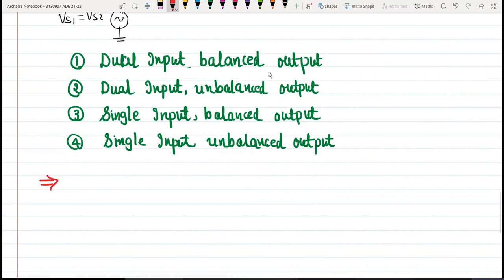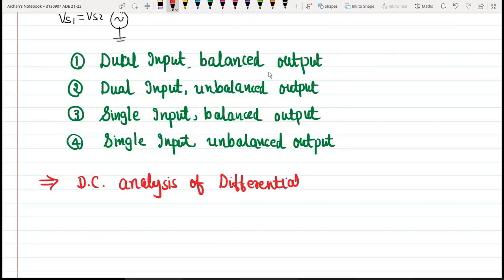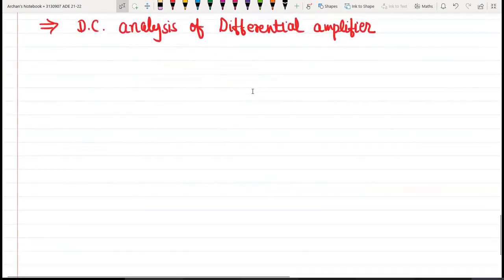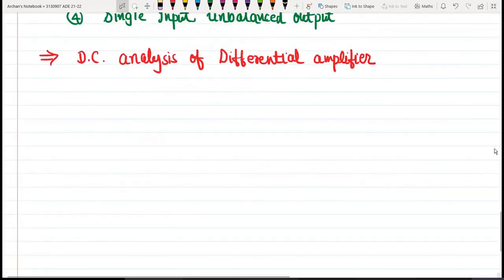The first part is DC analysis of the differential amplifier. Now the question should arise in your mind: what do you mean by this DC analysis?